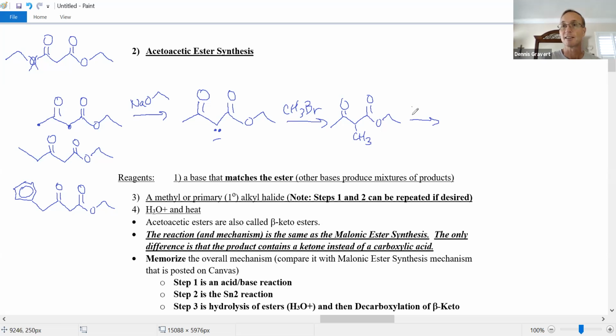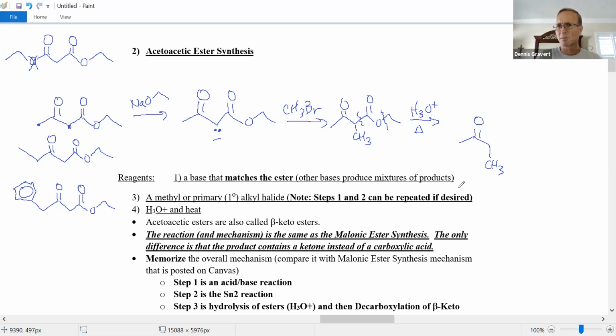And then what you do next, you hydrolyze it and you heat it. And now you have to be careful. There's only one ester. So there's not an ester on this side. So now you hydrolyze the one and only ester here, but then you decarboxylate it. You lose a carbon dioxide molecule. So your final product is this.